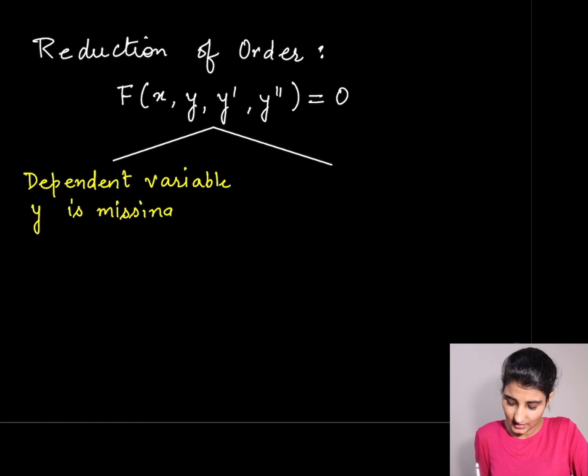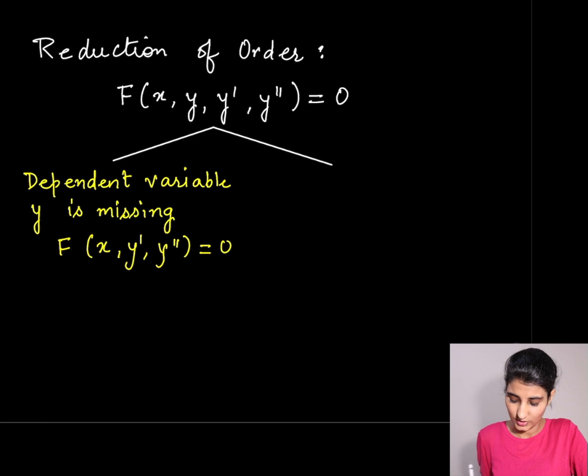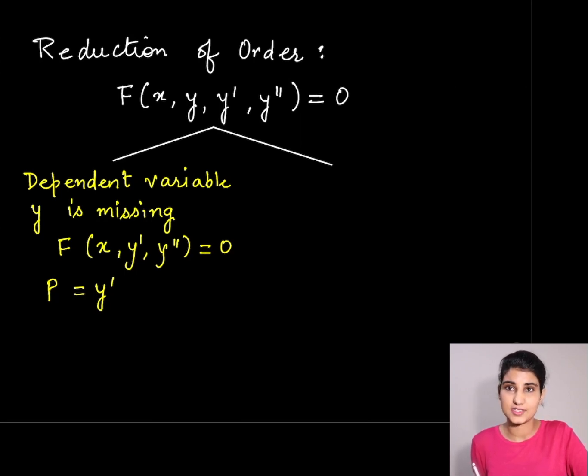In that case our f will involve x, y prime and y double prime. Our equation will look like this, right? So what we are going to do is substitute p equal to y prime. This p is a function of x. Y is missing here, so this p is a function of x.